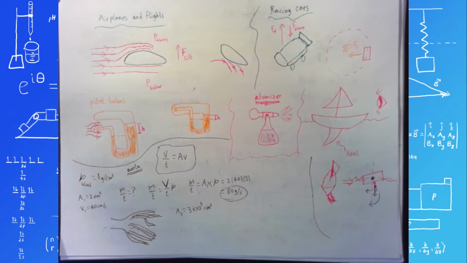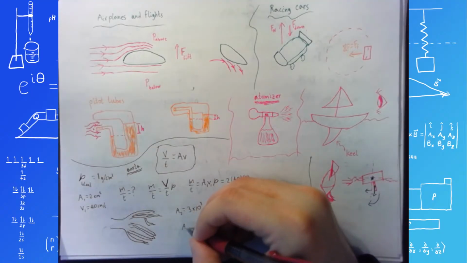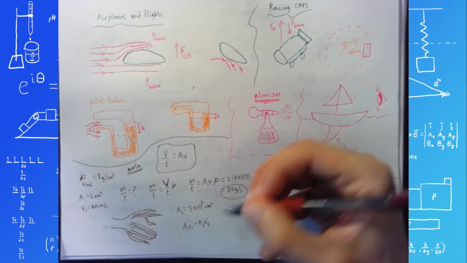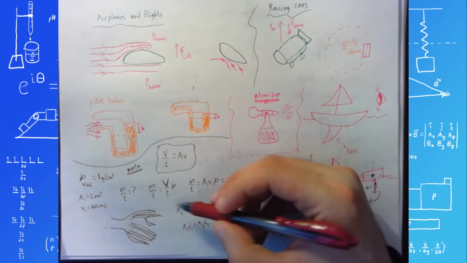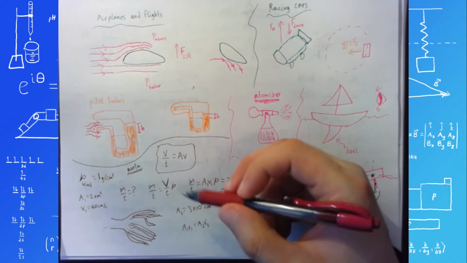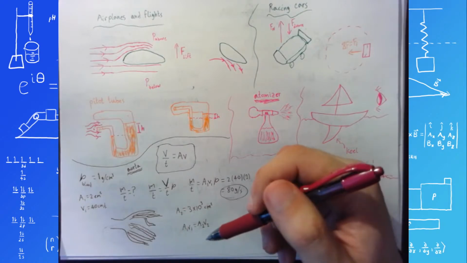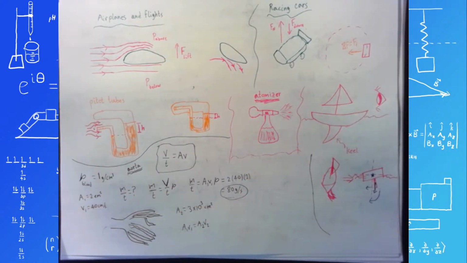What is the flow speed in the capillaries? Well, just use the equation of continuity and you're good to go. A1V1 equals A2V2. A1 and A2 are both in square centimeters, so their units will cancel out. V1 is in centimeters per second, so V2 will come out in centimeters per second as well.